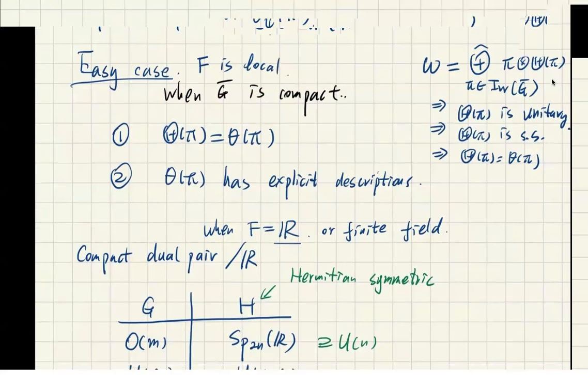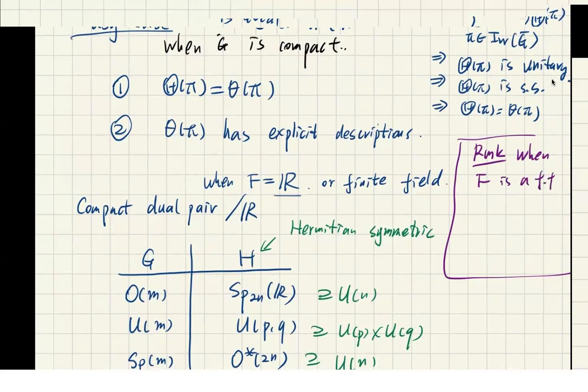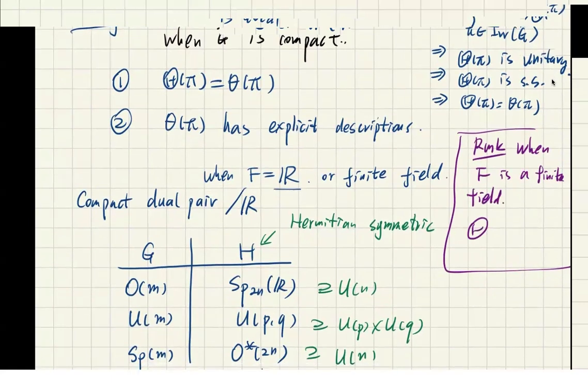I haven't mentioned this remark: when F is a finite field, you should not expect big theta pi is irreducible, it can be reducible.